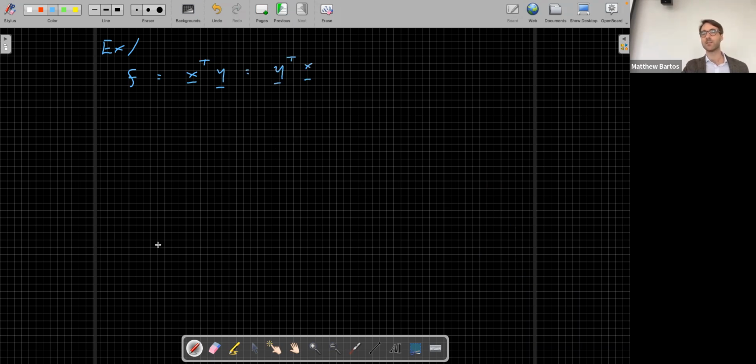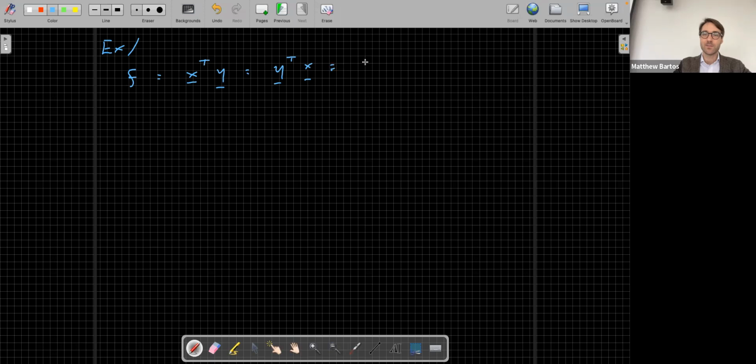Why is that the case? So note that this is a scalar. This inner product produces a scalar, and the transpose of a scalar is equal to itself. Right? So we can always just reverse the order or take the transpose if we're dealing with an inner product like this. Unless it's in the complex domain, then we have to take the conjugate transpose.